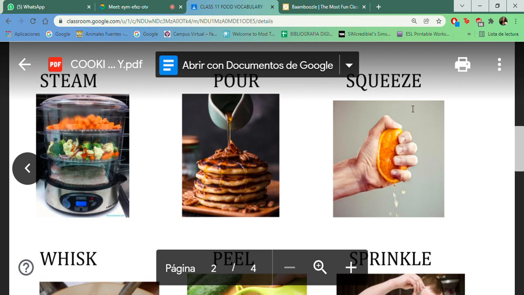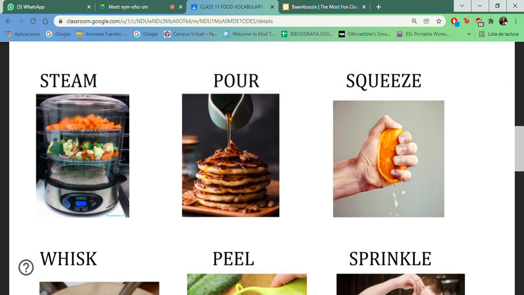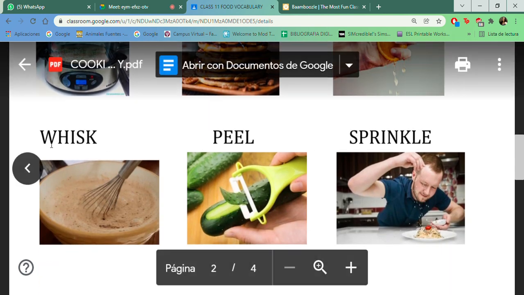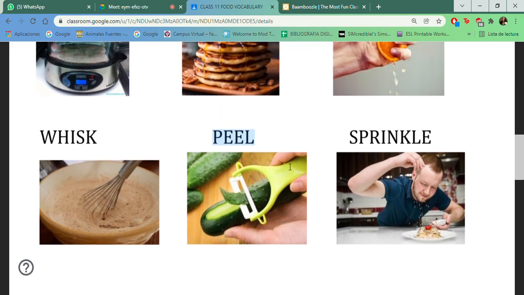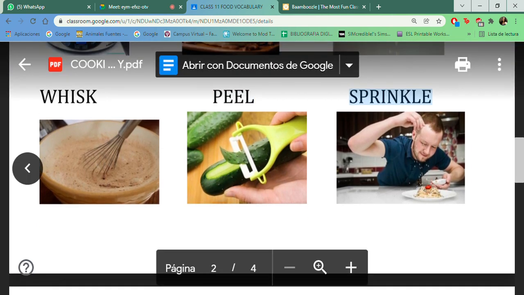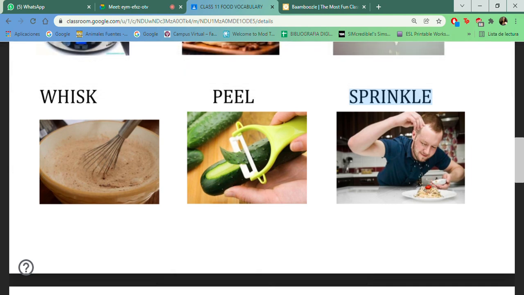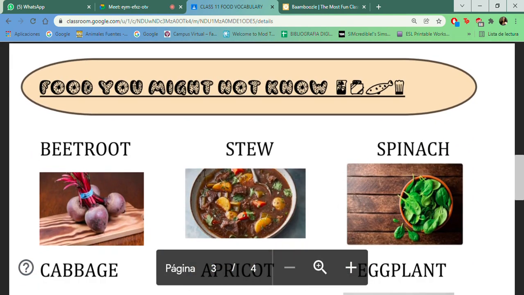Squeeze, for example, an orange here. We have whisk, whisk is also the object. Peel, peeler is the object. Sprinkle, it's either the verb or the noun.